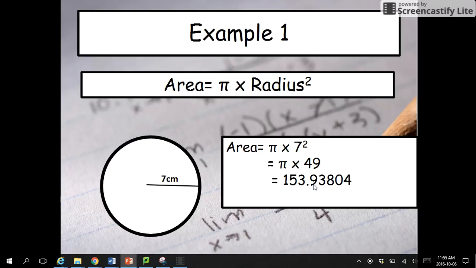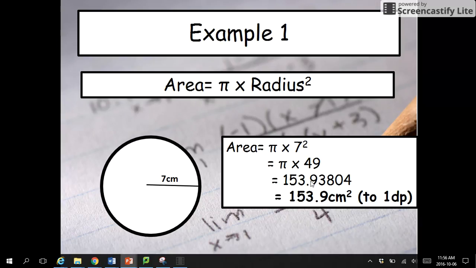And you get 153.93804. But what happens if I said I only wanted to go to 1 decimal place? Is the 3 big enough to change the 9? No, it's not. So my answer will be 153.9 centimeters squared. Okay, your calculator, if you go pi times 7 squared, should take you straight to that answer.